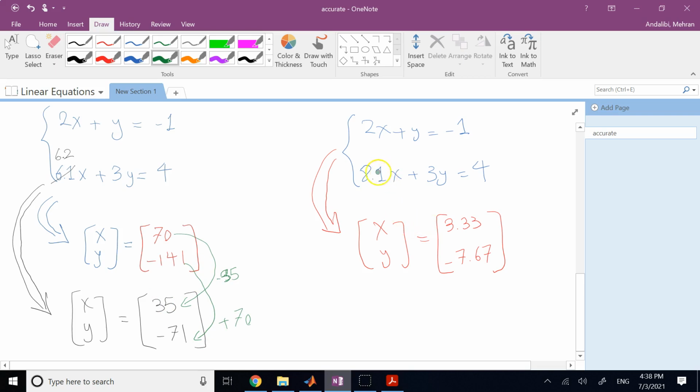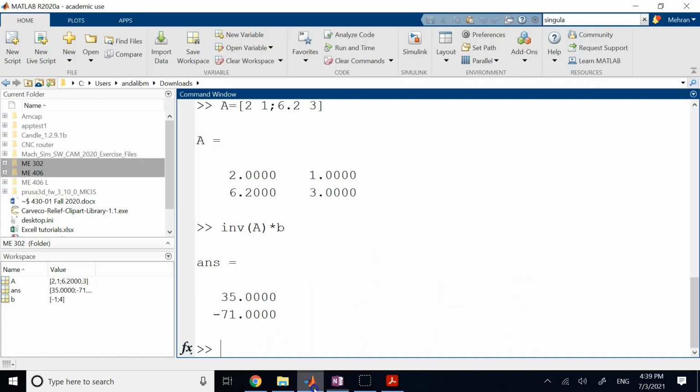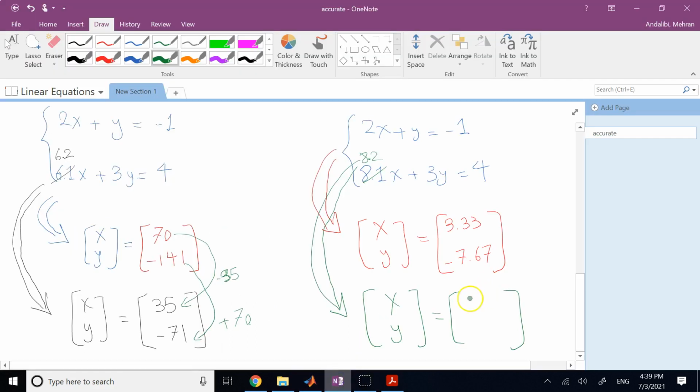Now let's do the same thing here. Instead of 8.1, I make this 8.2 and look at the solution. So in this system, if I change one of my parameters slightly, what will happen? Here I make it 8.2 and apply it, and I get 3.18, -7.36.